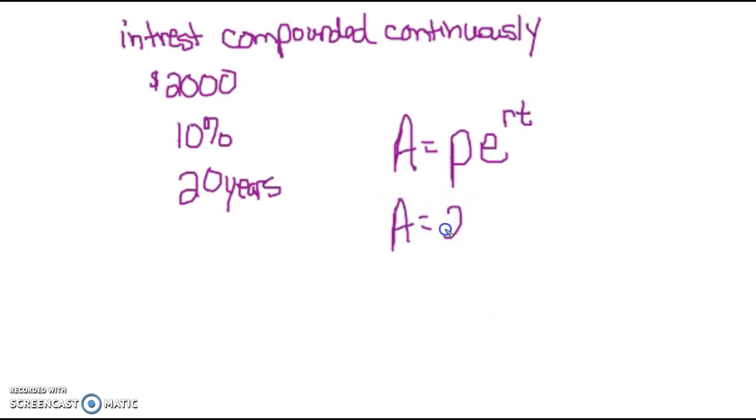My principal is $2,000. My E is the E in the calculator. It is your irrational number, and it's going to automatically raise it to a power. What is my rate going to be? 0.10 times 20.